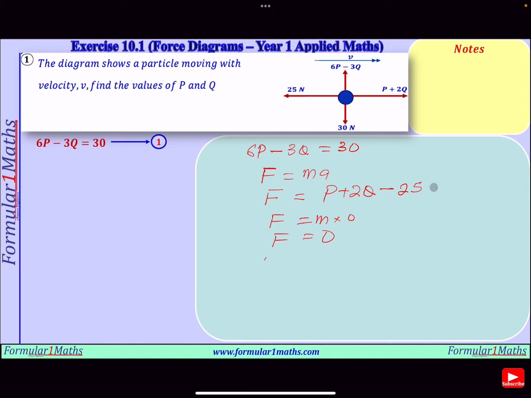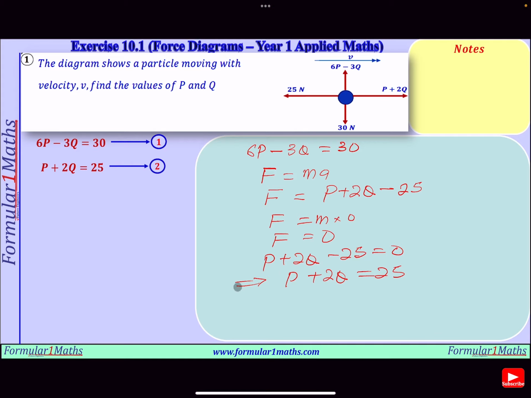That means P plus 2Q minus 25 is equal to 0, which implies P plus 2Q is equal to 25. So we can use this as another equation and label it equation 2.